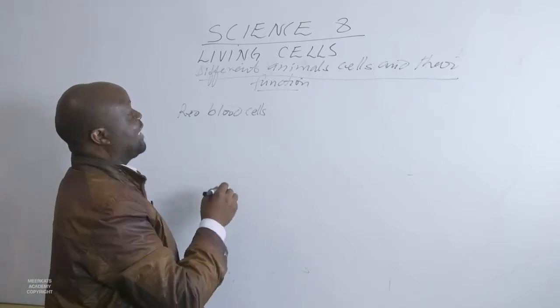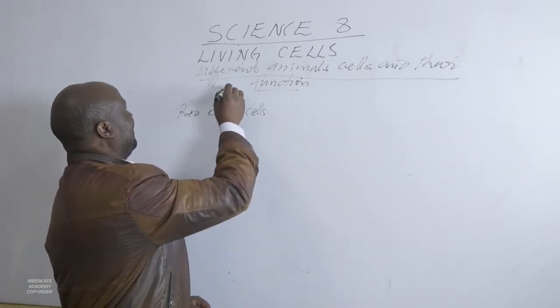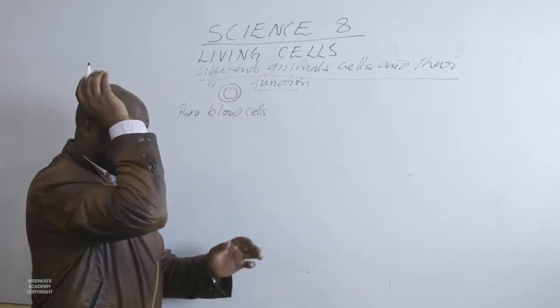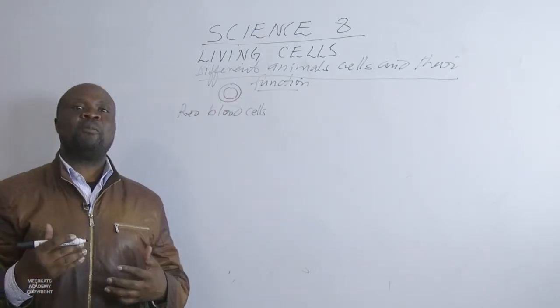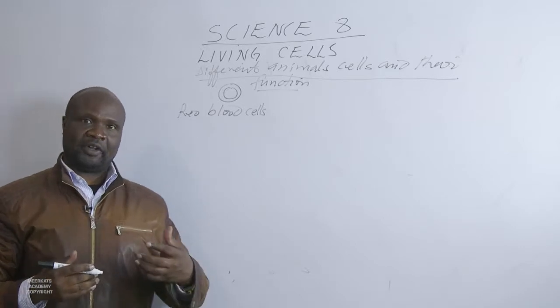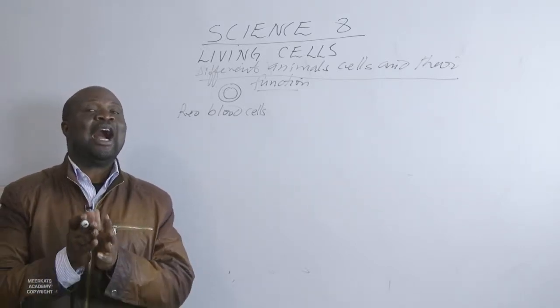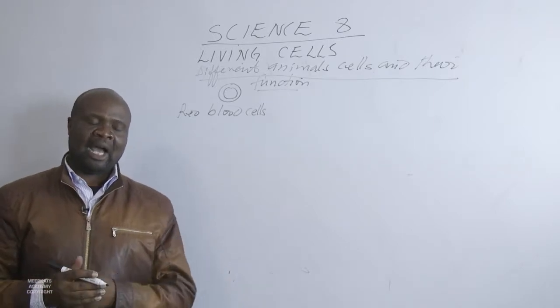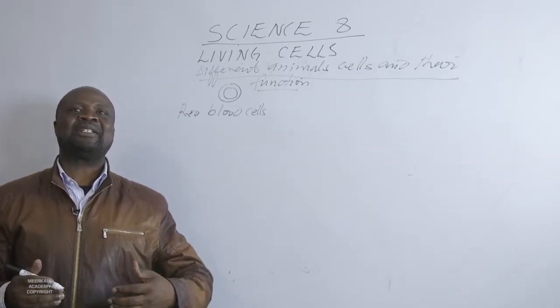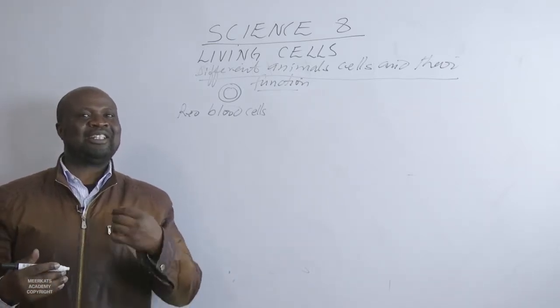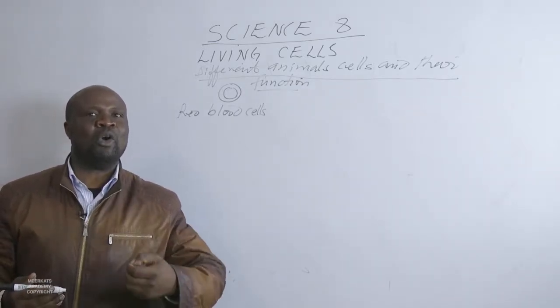When we are talking of red blood cells, they are spherical in nature, and they contain a lot of hemoglobin. Hemoglobin is a substance that is able to attach itself to oxygen molecules.